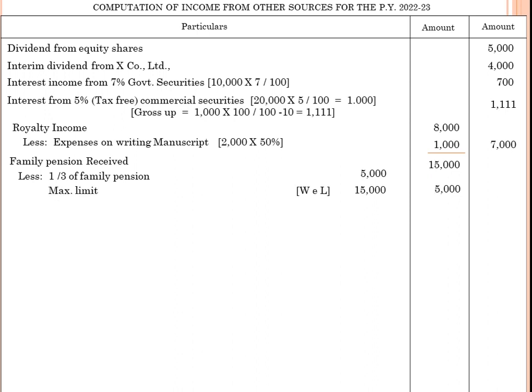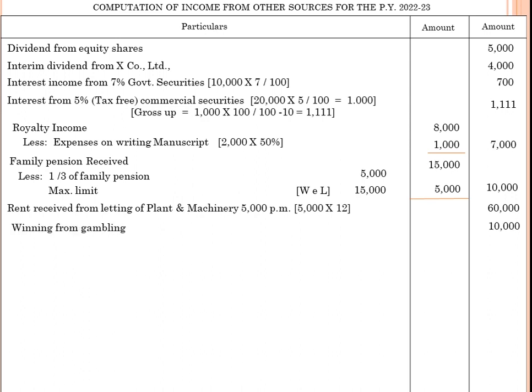Maximum limit 15,000. Comparing these two, whichever is less, 5,000, and the balance 10,000 is taxable. Rent received from letting of plant and machinery is 5,000 per month. For the financial year, 12 months, 5,000 into 12 is 60,000, taxable. Winning from gambling 10,000, taxable.